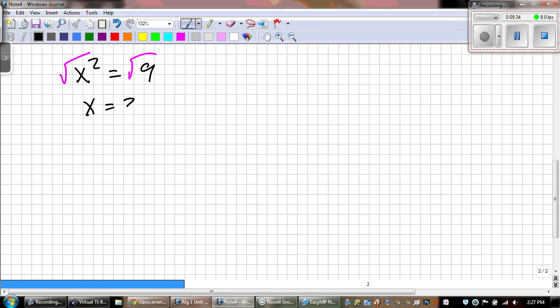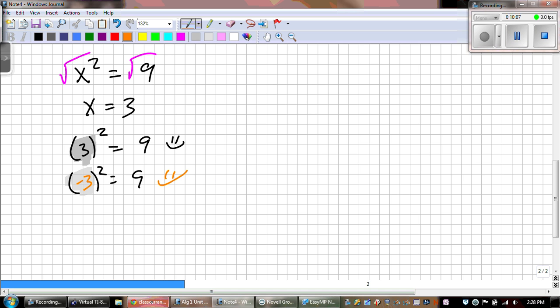So my answer is 3. But is that my only answer? We're thinking, what number squared equals 9? And if we plug in 3, that's true. But guess what? Is there another number here? There is, because what's negative 3 squared? Negative 3 squared is 9 as well, guys.